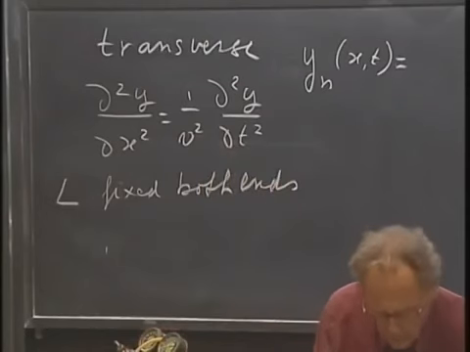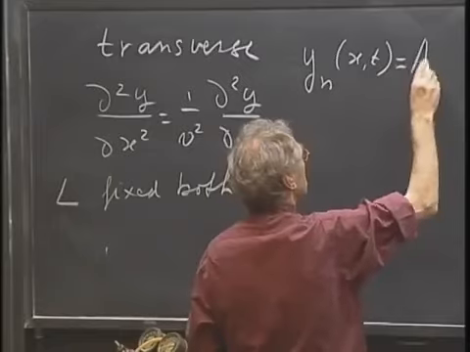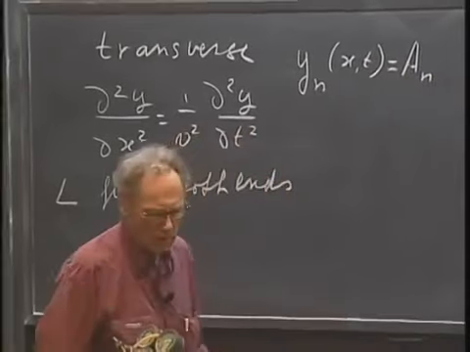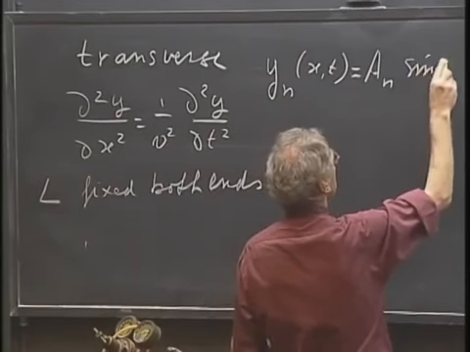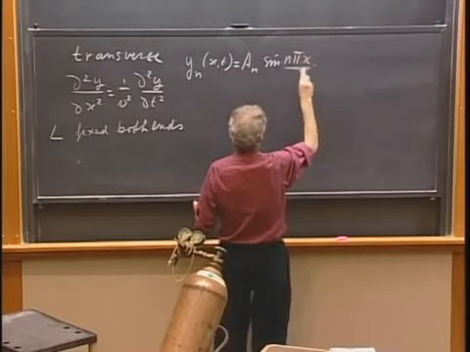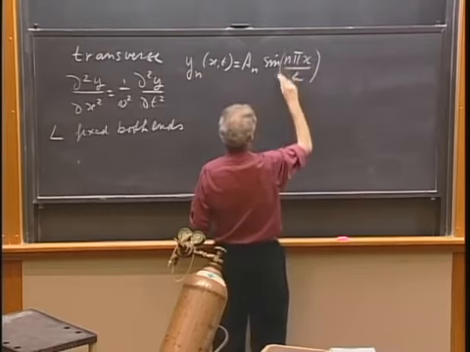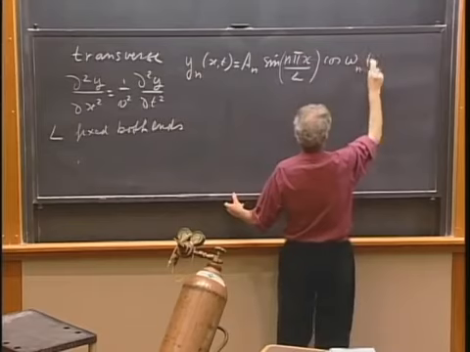We give the amplitude of the nth mode a value that can differ from mode to mode. So we get A_n, and then sin(nπx/L), and then cos(ω_n t).